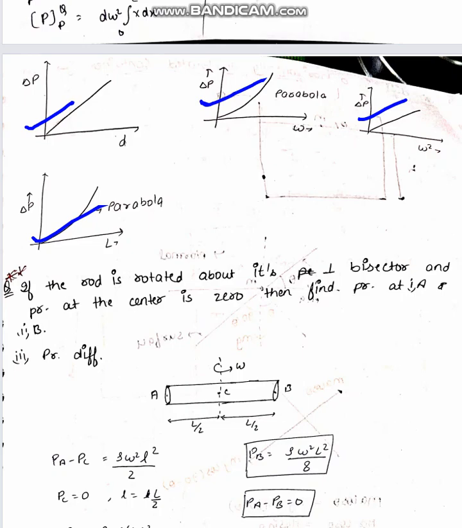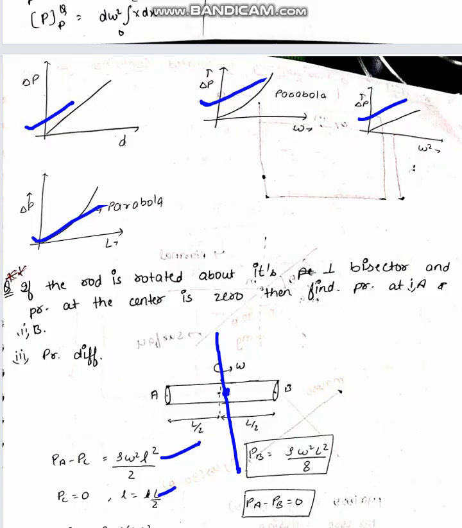Now there is another question based on this. We need to find the pressure difference when it is rotated about the angular bisector. The first question is the pressure difference between A and B. So we can say that PA minus PC, using the same concept, where the length will be L by 2. The external point's pressure is greater than the internal point's by this much.